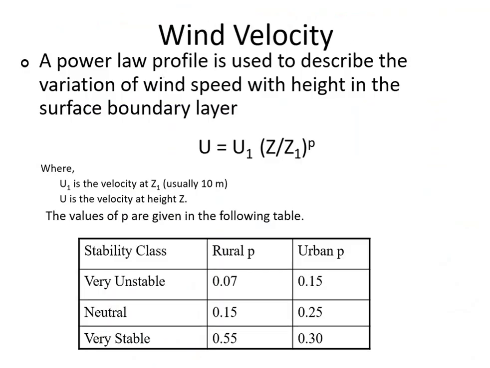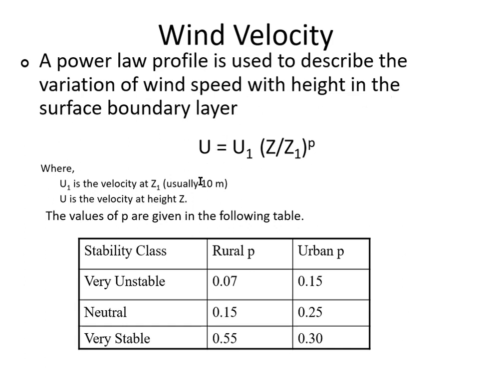When we classify the stability, we can use some calculation also, like a power law profile, which is used to describe the variation of wind speed with height in the surface boundary layer.